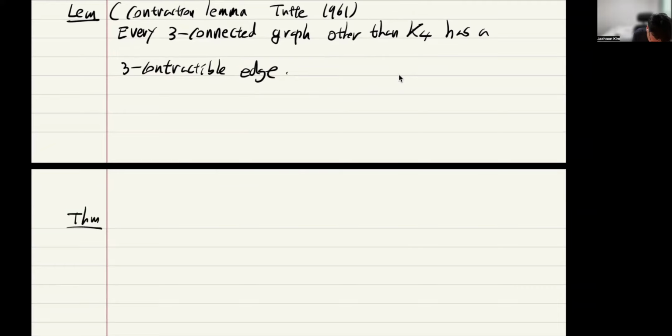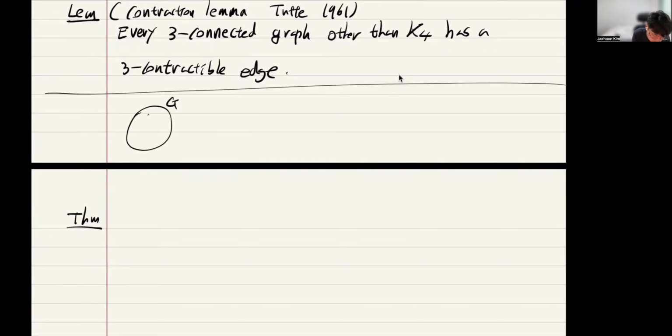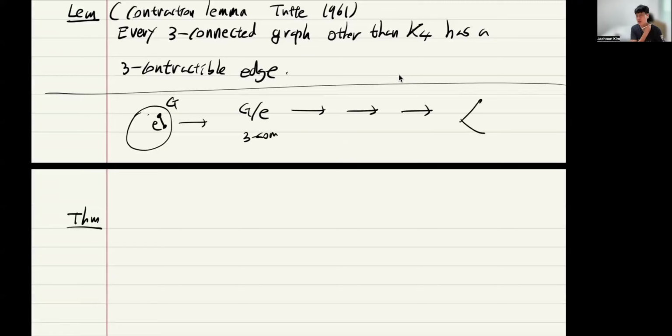So if you have a three-connected graph, and there is an edge such that once you contract it, it is still three-connected, and you keep doing that, then by this lemma, anything other than K4 has a three-contractible edge. Every time the number of vertices decreases, so this will end at some point. You can do it at most n times, and then you can only end with K4, right?